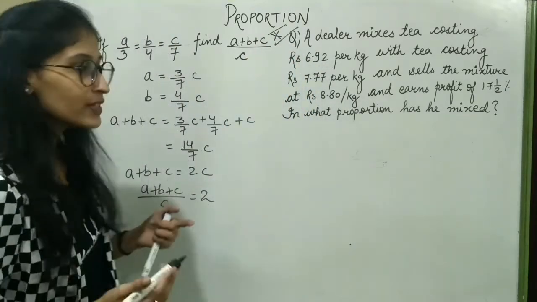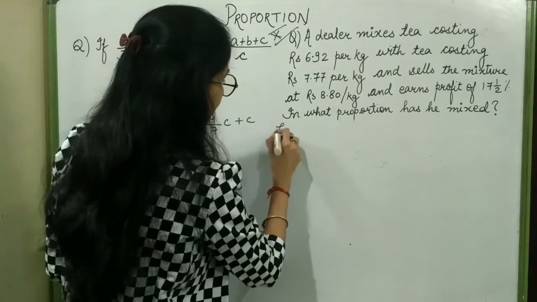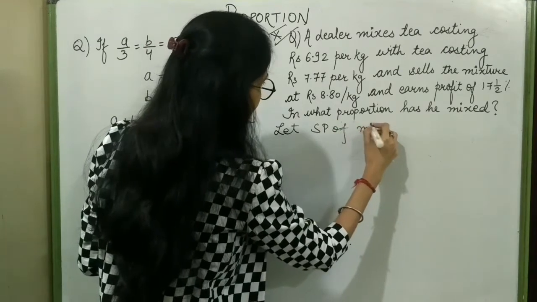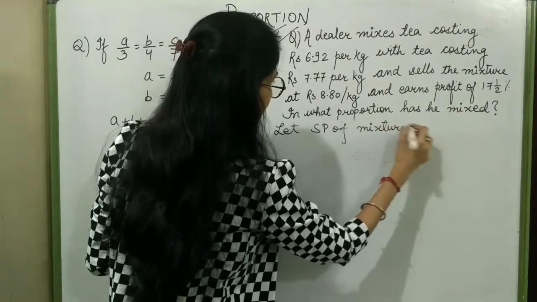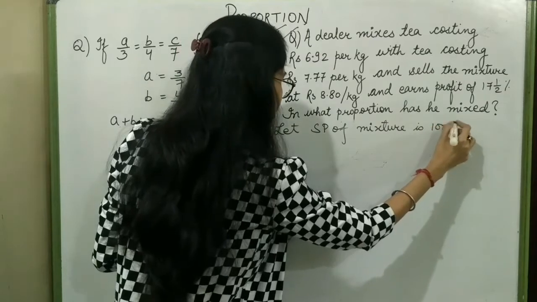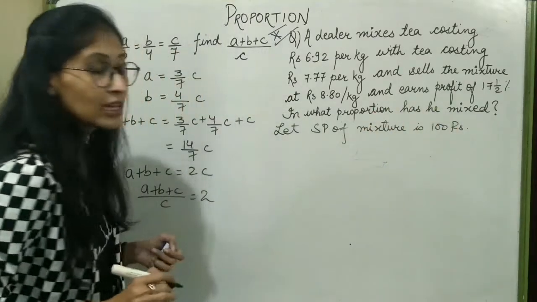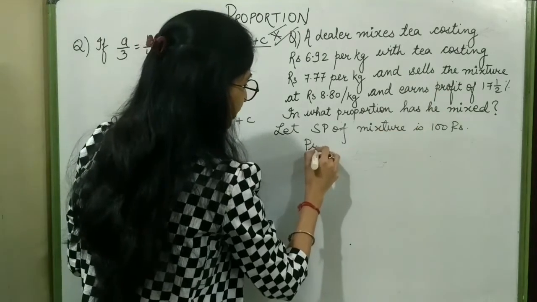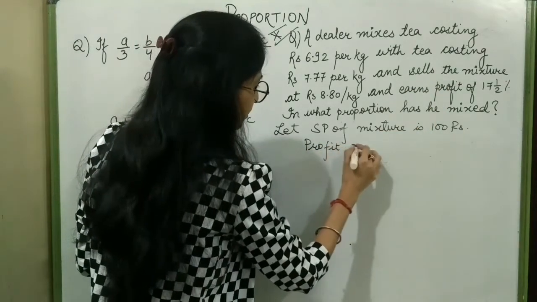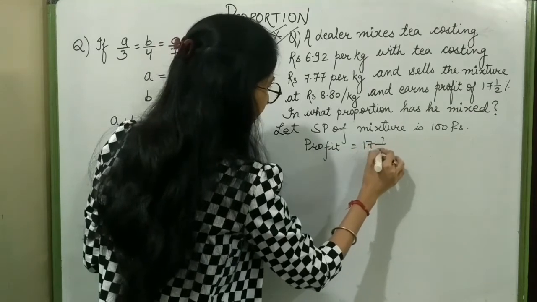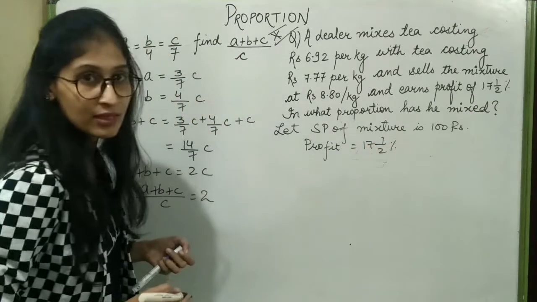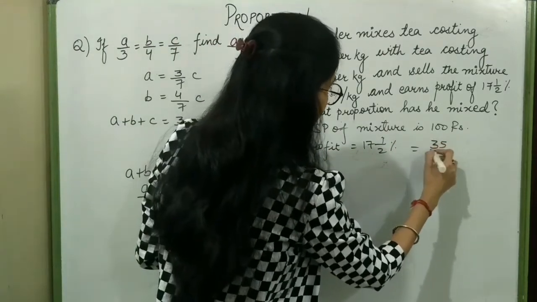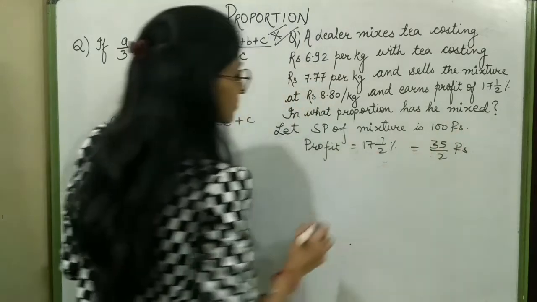So here, first I am assuming that the selling price of the mixture is 100 rupees. So when the selling price is 100 rupees, the profit is given as 17.5%. 17.5% of 100 will be 35.2 rupees.